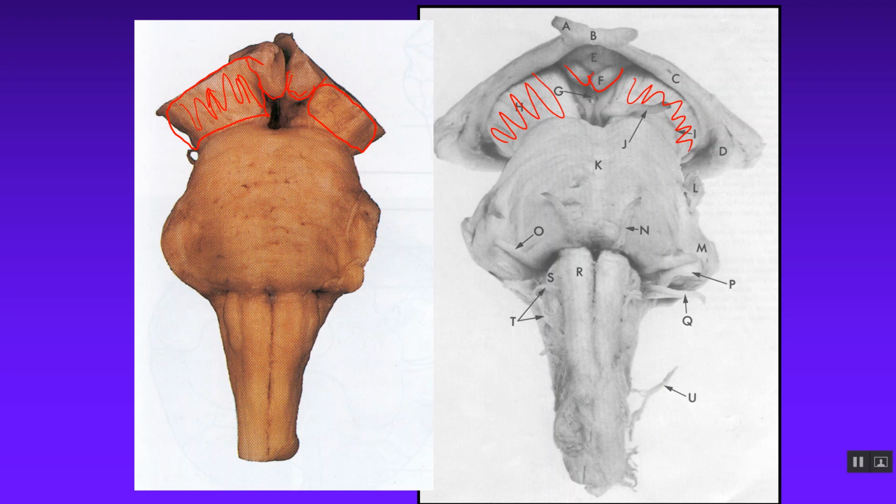Crus cerebri, yep. And then here is the interpeduncular fossa. That's a space, fossa, space, interpeduncular fossa. And I point that out because here's your oculomotor nerve coming out here. It's torn off on this side, but your oculomotor nerves come out of the interpeduncular fossa.